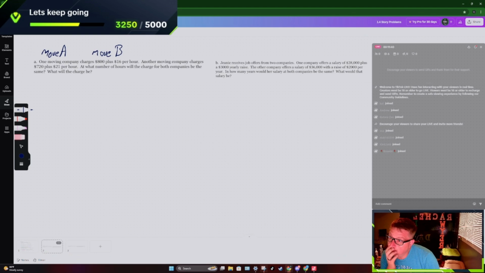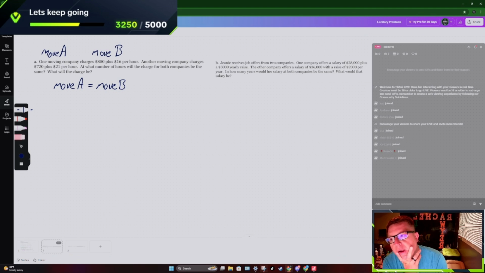Now, whenever you're doing this, what is the number of hours? Will the charge for both companies be the same? So we want to know when move A is equal to move B. So now we need to know what these are. So this is what we're looking for. What are the number of hours? And what will the charge be? Okay, so they are looking kind of for some solutions to this.